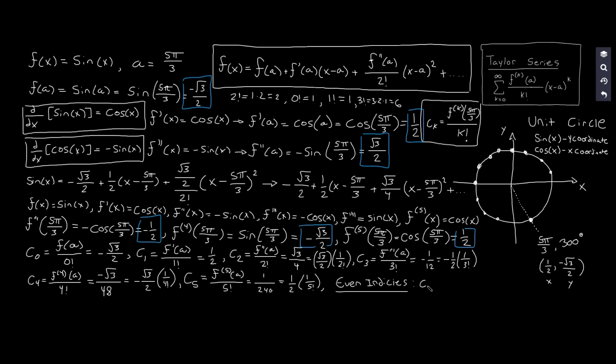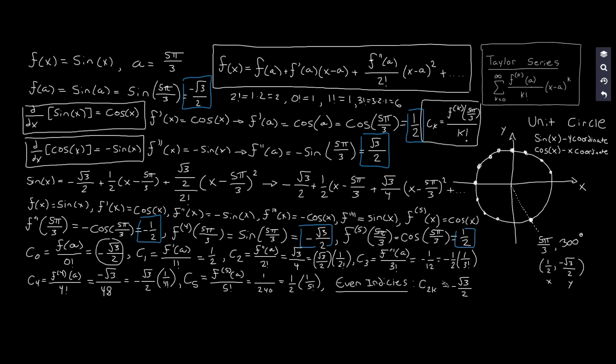So we can write our Taylor coefficient as c sub 2k, and we could write it in a general form such that it will represent the even order Taylor coefficients. It looks like we start at negative root 3 over 2.